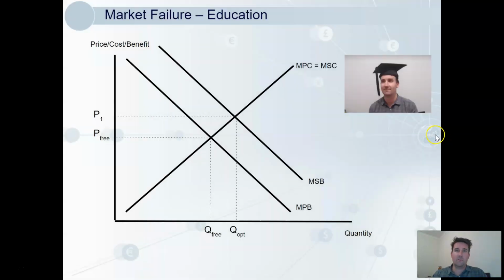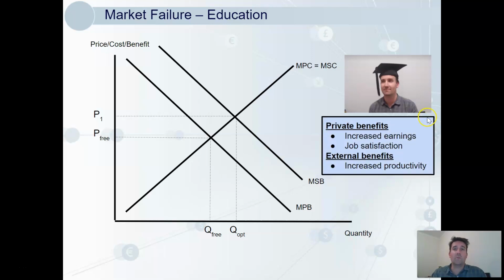Let's go back to education. Society benefits when I get educated. When anyone gets educated, the productive capacity of the economy of society increases, benefiting everyone. Social benefits are my private benefits, plus the benefits I provide to society, the external benefits. Therefore, social benefits are greater than private benefits.